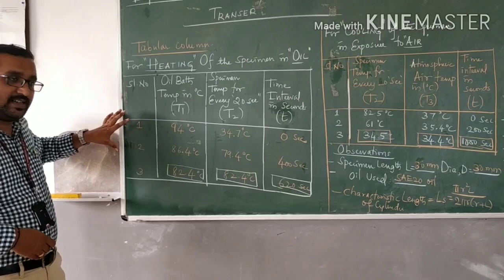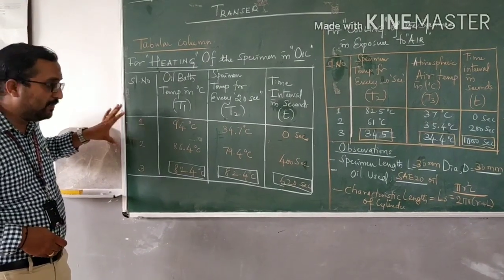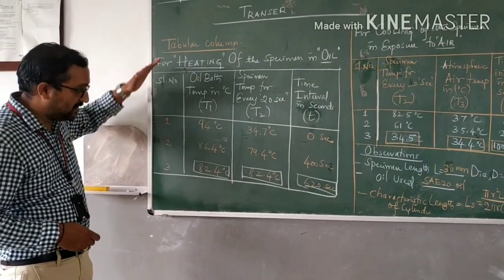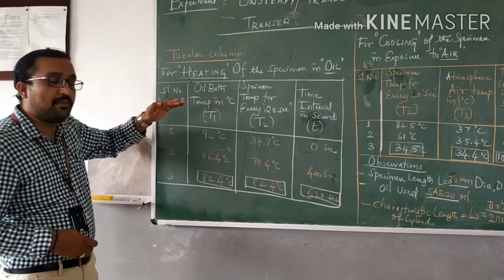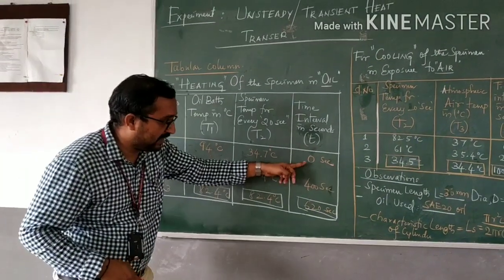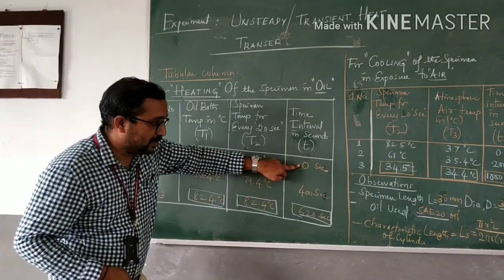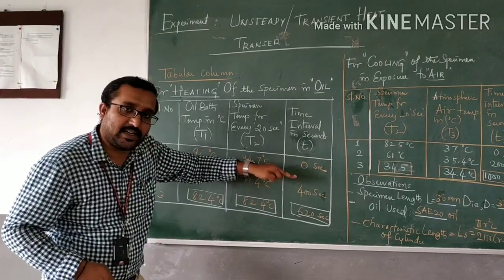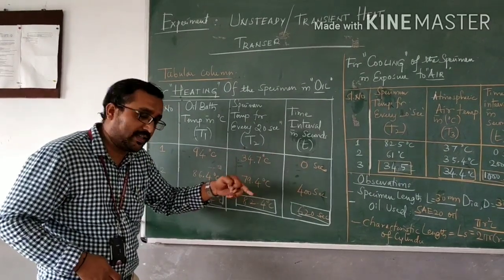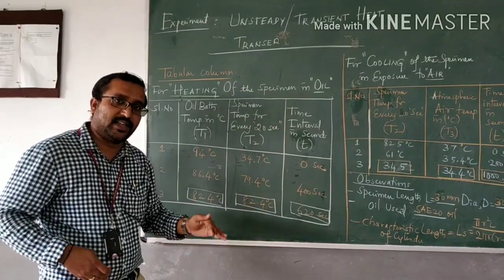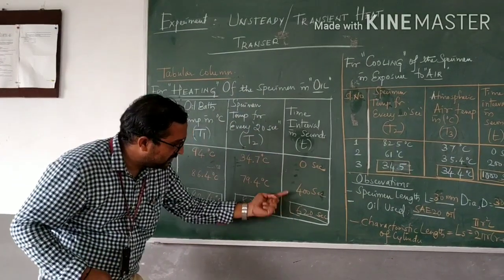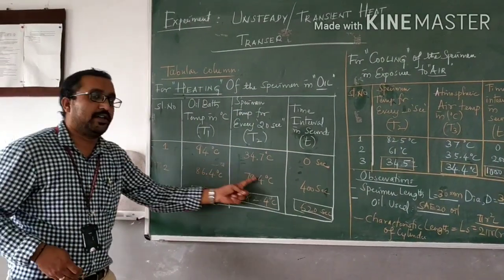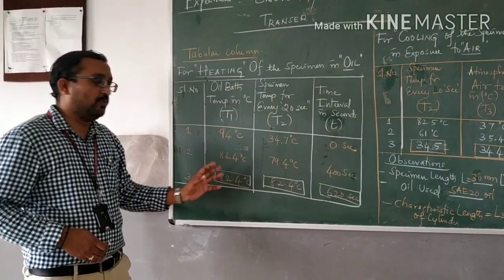Here I have listed only 3 readings, but it's a big tabular column involving n number of readings. For every 20 seconds, that is 0, 20, 40, 60, 80, 100 seconds, you should note down the values of T1 and T2.